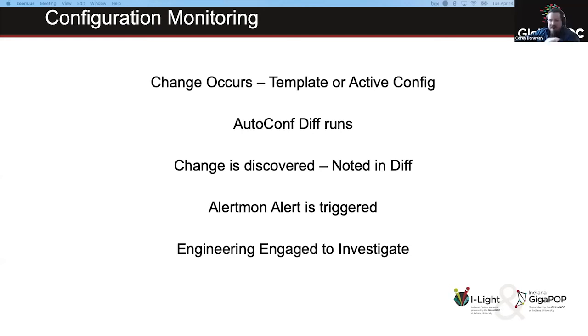How much of your work would you say is automated at this point? That's a good question, Corey. I would say not as much as we would like, but honestly, this autoconf diff tool is a strong encouragement to keep us in the automation tool. Anytime we make a network change, by habit, we go straight to the routers and make a change.